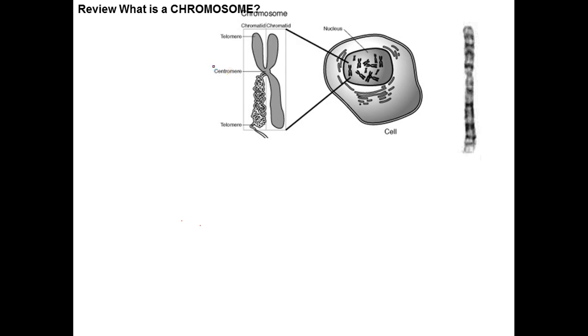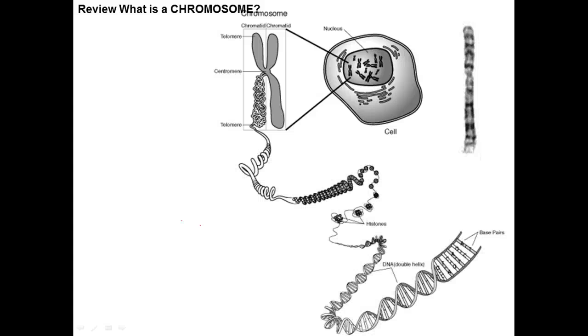So reviewing, if you remember, chromosome is how DNA is packaged, and we see mitosis, and here we have DNA, and DNA is packaged into nucleosomes, and that nucleosome is further looped into chromatin, and then chromatin is further condensed into chromosome. So if you can remember, we see chromosome during cell division.